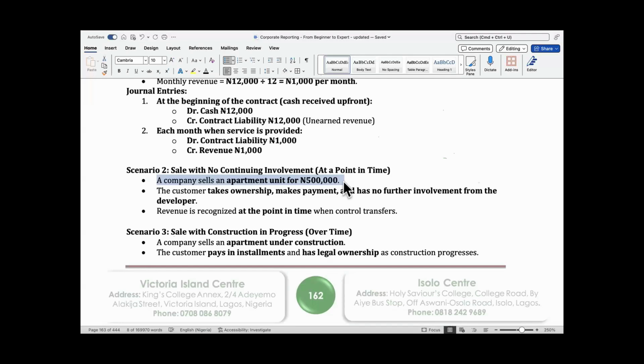It's a liability, because they have not delivered. It is only until they have delivered that they can recognize revenue.